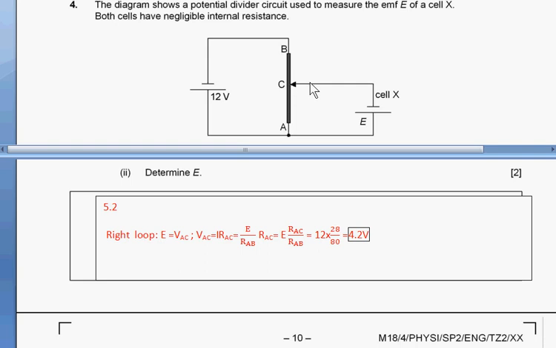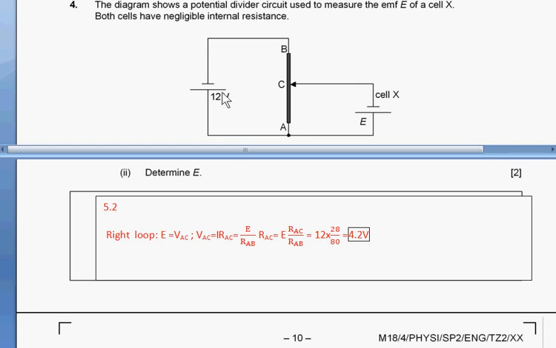So let's consider the right loop in which we have EMF and potential difference AC. They're equal. No other potential falls because current is zero. But the potential at AC is the current through the left loop multiplied by resistance.